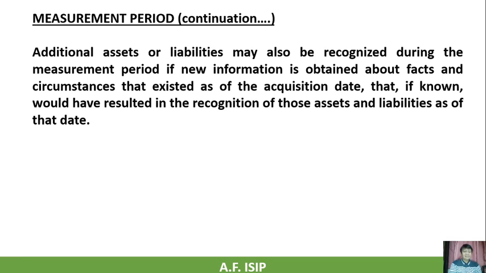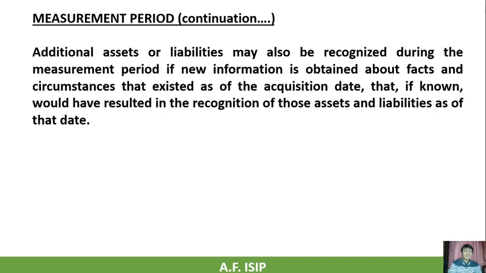So, if the business combination happened January 1 and there was a new acquisition of equipment before the business combination and also liabilities were incurred, but that information was not included in the records, it may have been intentionally or unintentionally omitted.